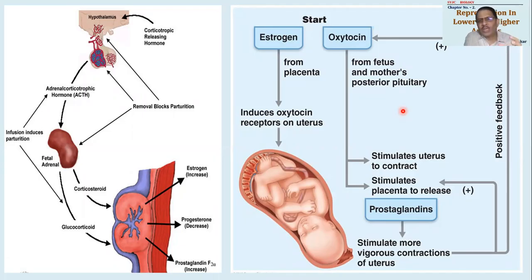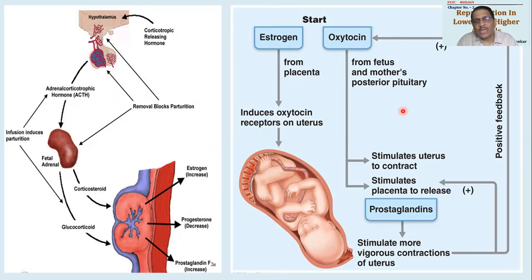These hormones, when they enter the body of the mother along with the corticoids, the pituitary gland of the mother will now get activated and start secreting oxytocin along with the pituitary gland of the fetus. Okay, estrogen from the placenta will make the oxytocin receptors on the uterus active.